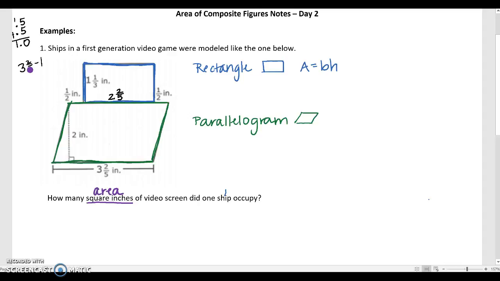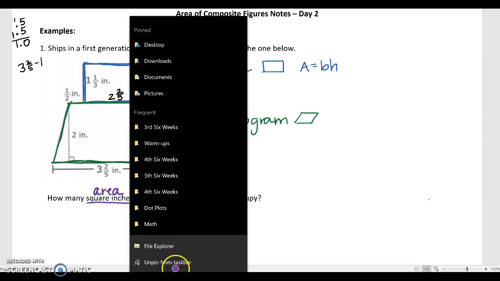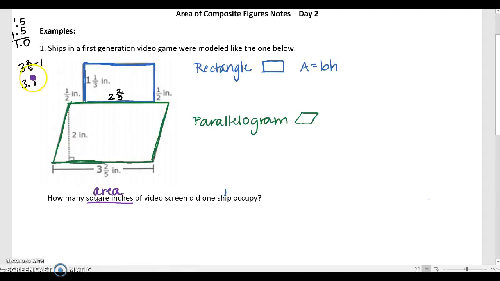So if you think about 2/5, if the bottom number is a 5, we think about $20 bills. So 20/40. So that would be 3.4 minus 1.0. Okay, 3 minus 1 is 2. So 2.4 or 2 2/5. So that's how I got this dimension right here.